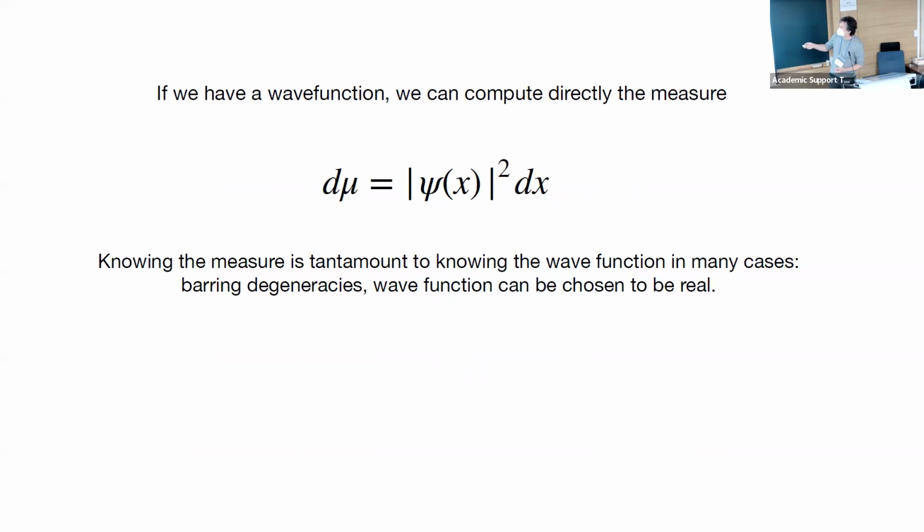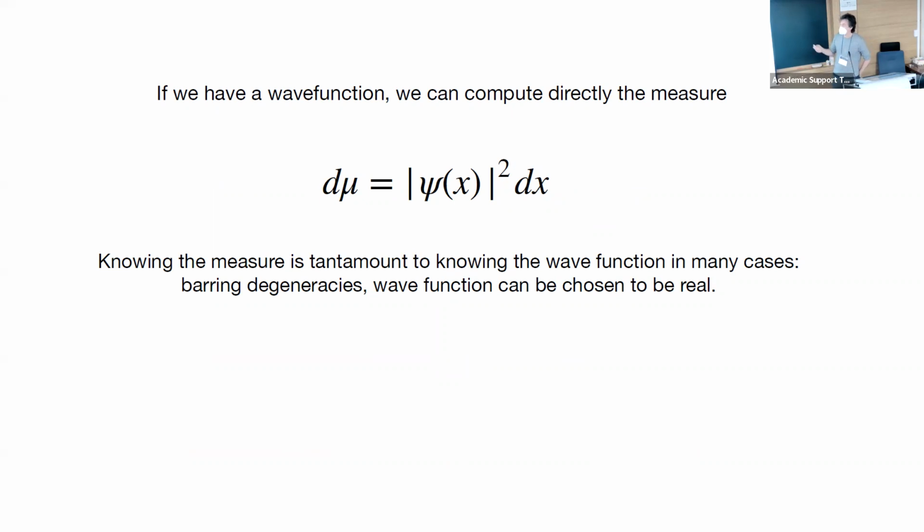So if we had the wave function, we could compute the measure directly. Now if we have the measure, it's not too hard to take a square root of the measure. You have to be careful when there are zeros in mu, because then the wave function can cross those zeros. You have to just pay attention to that kind of detail.